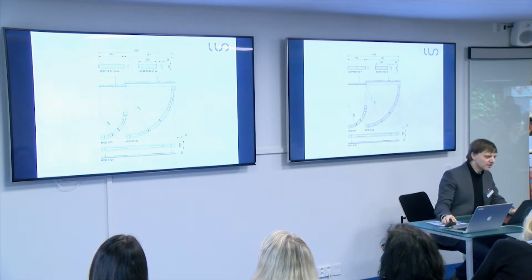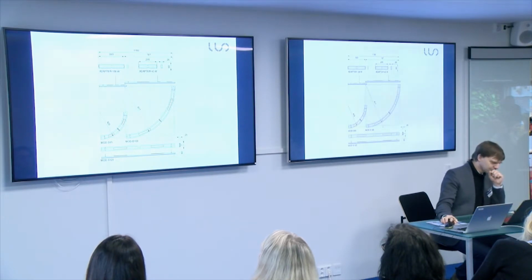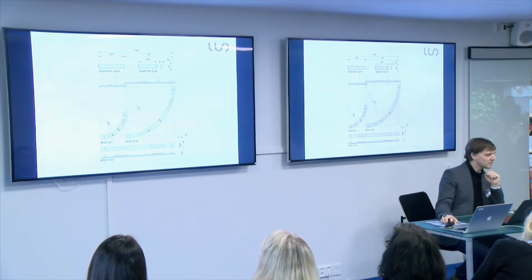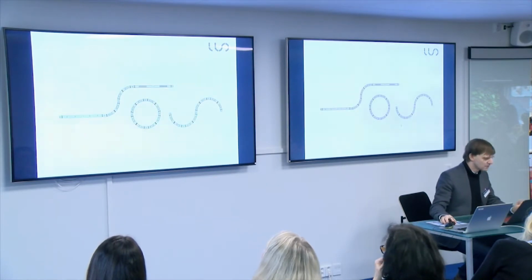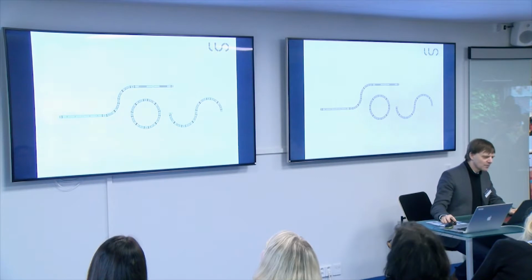So we have, beside the power module, small arcs and big arcs, and the straight element, and that can be, as I said before, arranged to any shape, circle, meander, or however.